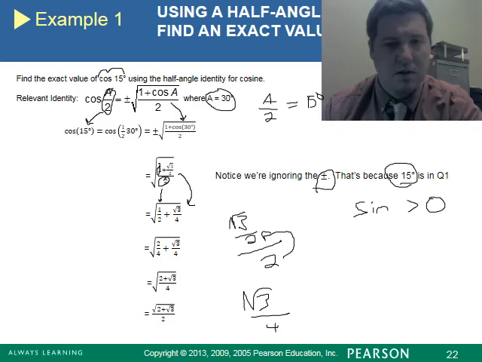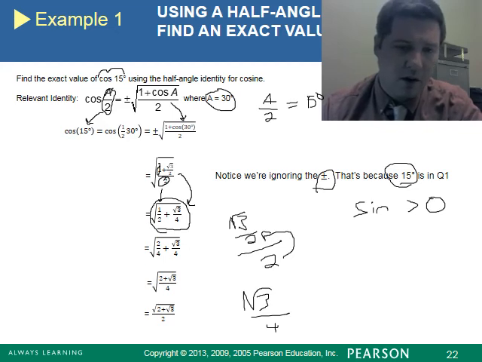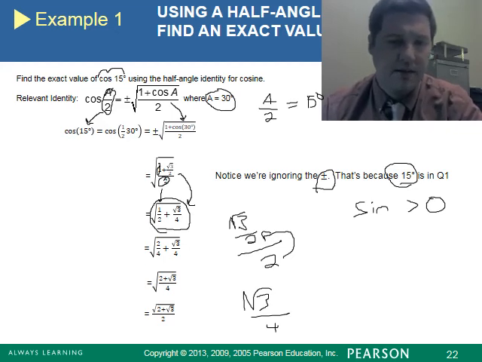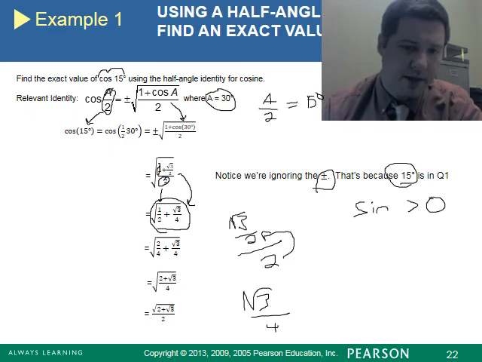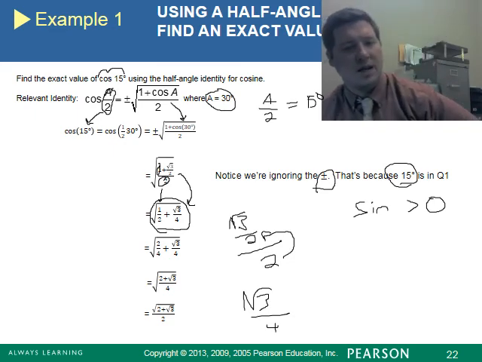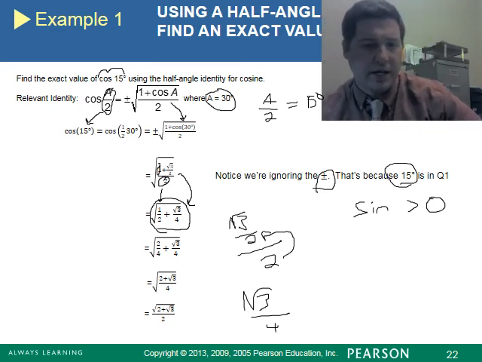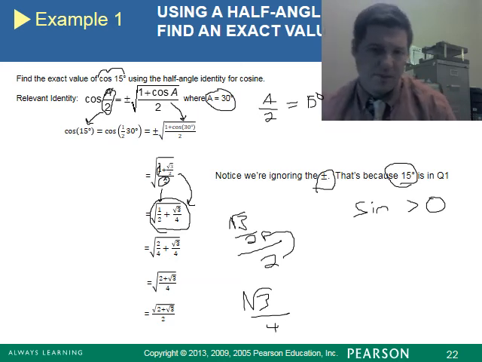From there we can come up with a least common denominator to add these two. The least common denominator would be 4, and I rewrite that first term. I just multiply the top and bottom by 2, and now I've got the common denominator. Now I can add the numerators: 2 plus square root of 3 over 4.